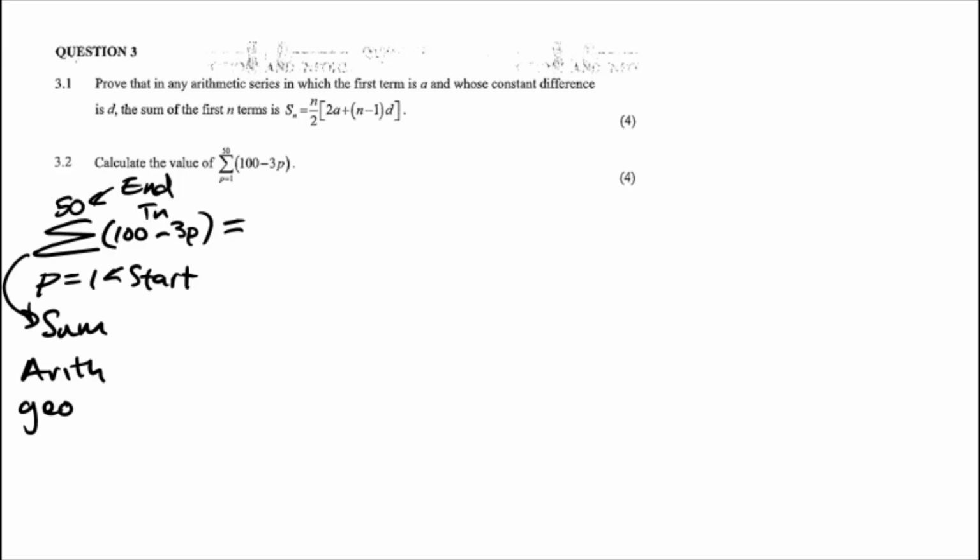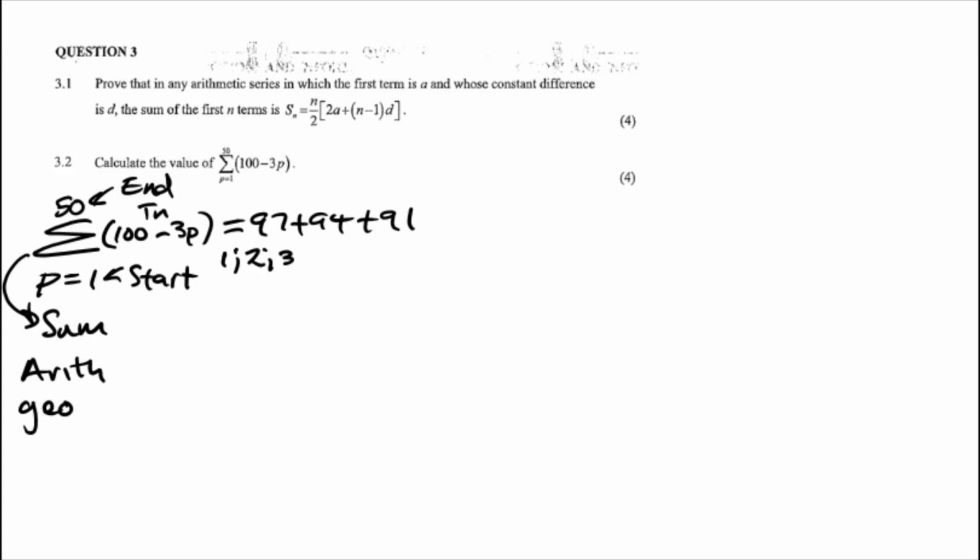So now if you substitute p as 1 here, our first term will be 97. So we've substituted 1, right? Then the next time we substitute 2, we'll have 94, you substitute 3, and then now the term will be 91.